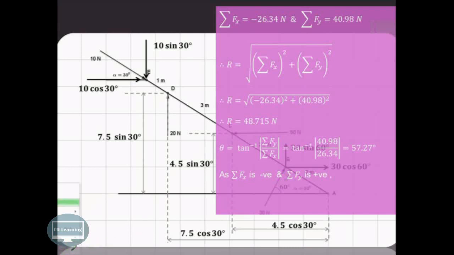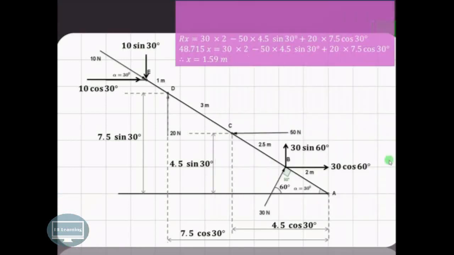So we have calculated in this case the resultant in magnitude as well as direction, but the point of application also we have to find out. Now we'll take the moment about point A by assuming the convention that clockwise moments are considered positive, whereas anti-clockwise moments are considered negative.